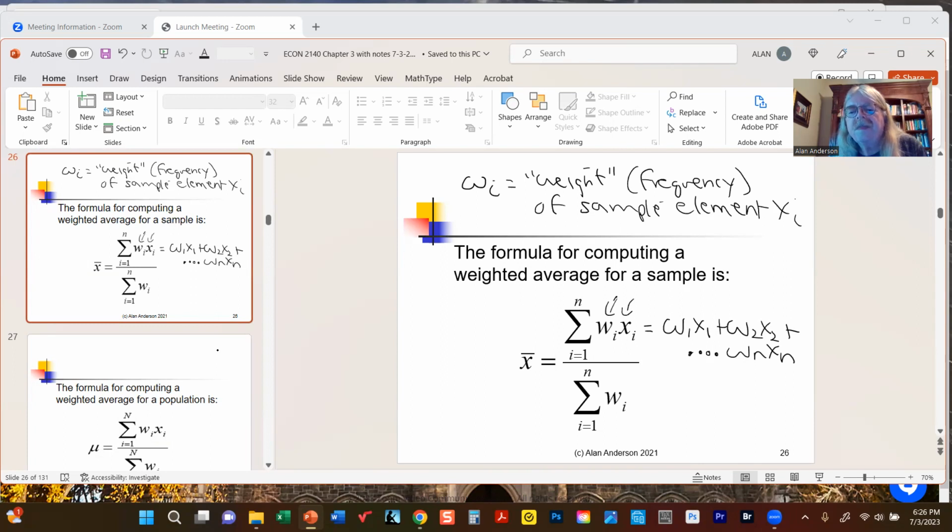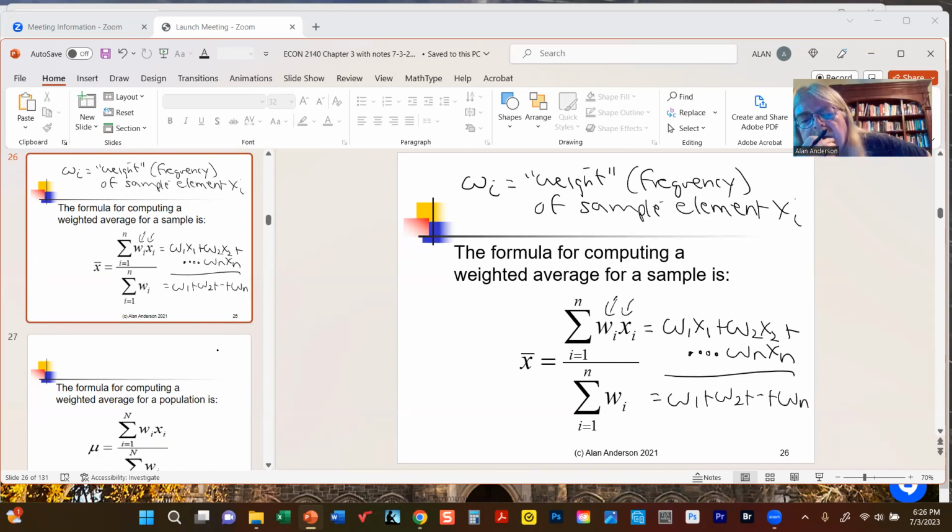Multiply them together. For each sample element, multiply each by its own weight and add them up. Down here, all you have is the sum of the weights. So it's a little bit messier, but it also can be much more straightforward than what we just did.